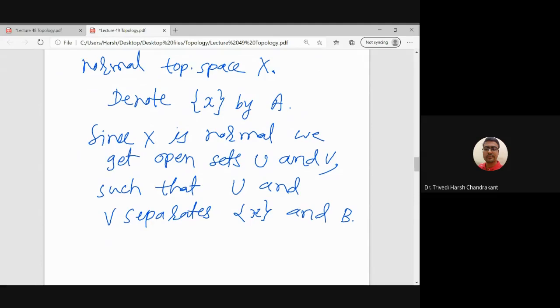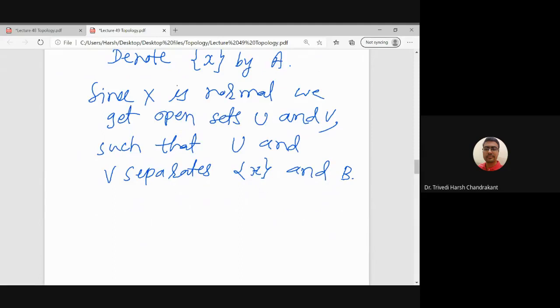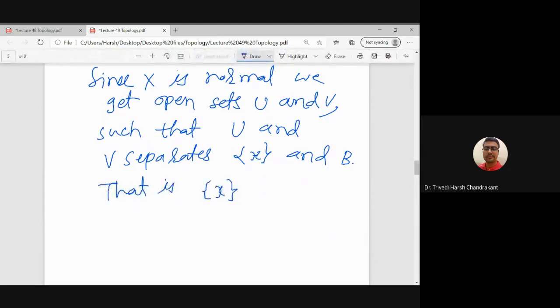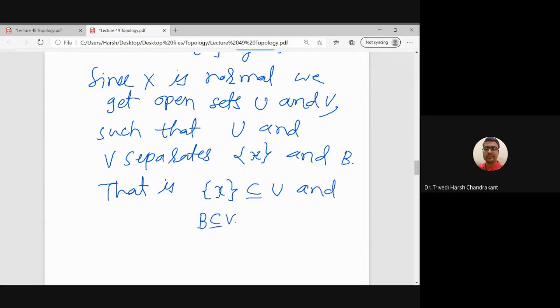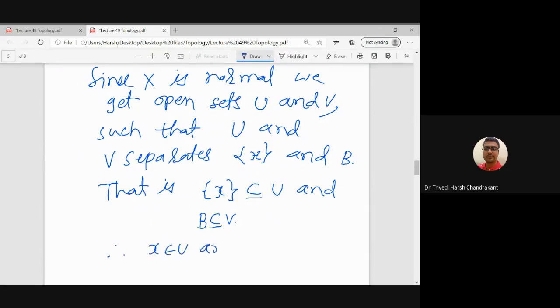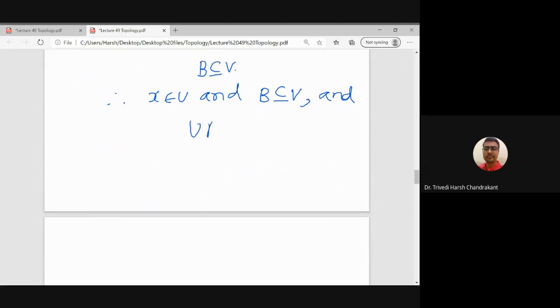Right. So this means that singleton x is a subset of U and B is a subset of V. So finally what we get is x belongs to U and B is a subset of V, and we also have that U and V separate the sets, that means their intersection is the null set.